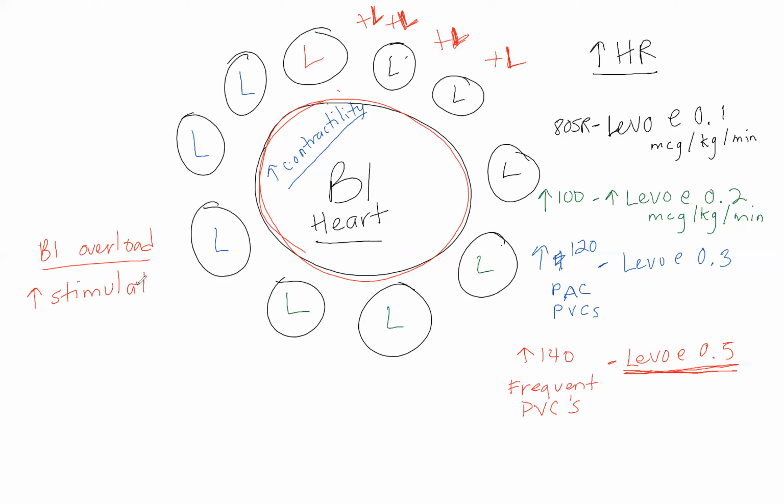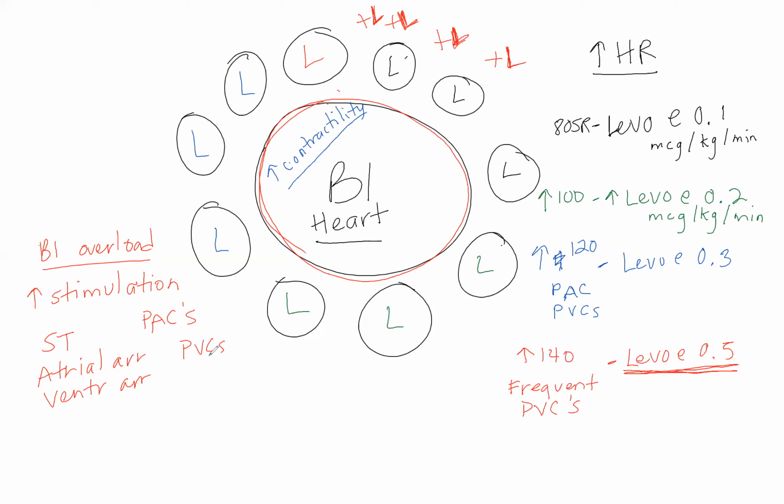Everybody's different. There's no set value or set amount of stimulation. But how do I know that I'm starting to find irritation on the beta 1? I'm going to start to have more sinus tach. I'm going to start to see perhaps some atrial arrhythmias, maybe some ventricular arrhythmias, certainly some PACs, some PVCs, any sign that the heart muscle is getting a little bit irritated.